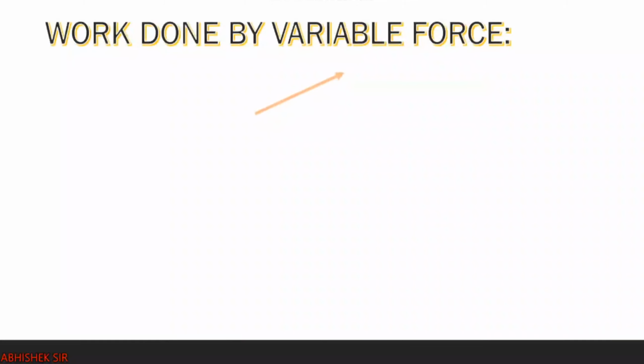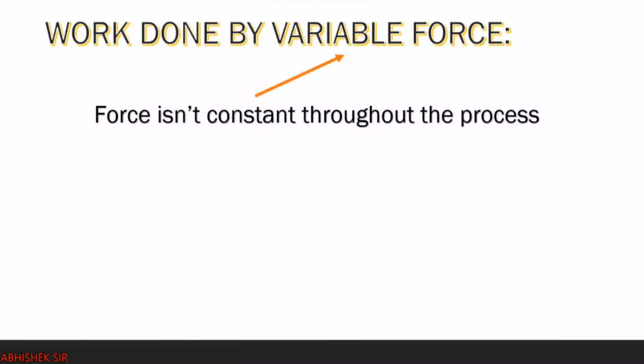done by variable force. Right, now the question arises, what is the meaning of the word variable and why is it attached with the word force? The meaning of variable force is the force which is not constant throughout the process. Earlier you might have gone through questions like, if force is this much newton and the displacement is this much meter, the work done is some value.